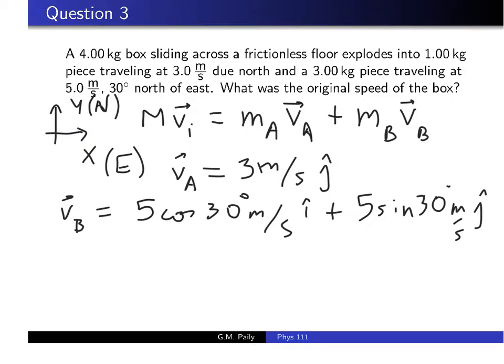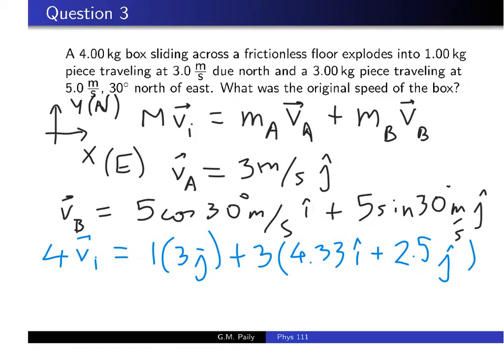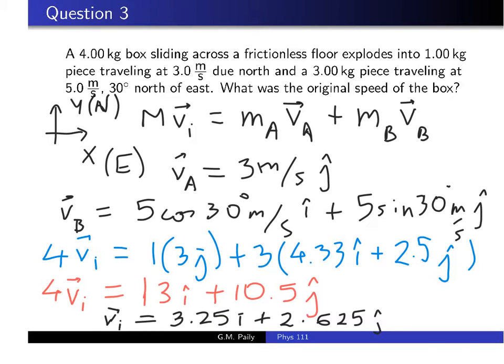Plugging all this into our original momentum conservation equation, on the left hand side we have 4 times V initial, MAVA becomes 1 times 3 j hat, and MBVB becomes 3 times 4.33 i hat plus 2.5 j hat. Simplifying, we have that V initial is 3.25 meters per second i hat plus 2.625 meters per second j hat.